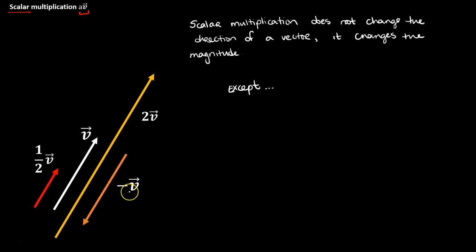It can flip it and completely switch the initial and terminal points, but it can't rotate it. So multiplying by a negative will change the direction of your vector. Otherwise, scalar multiplication only changes the length of your vector.